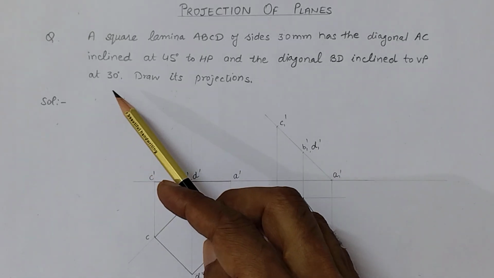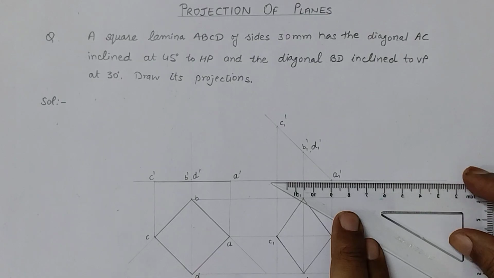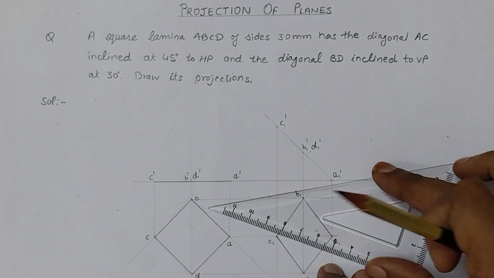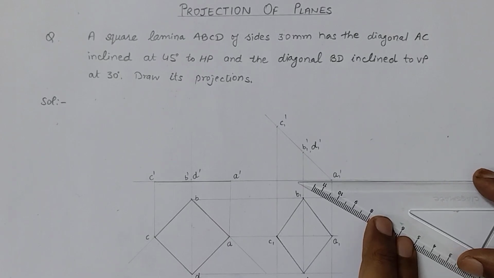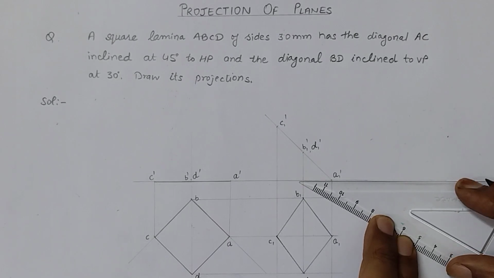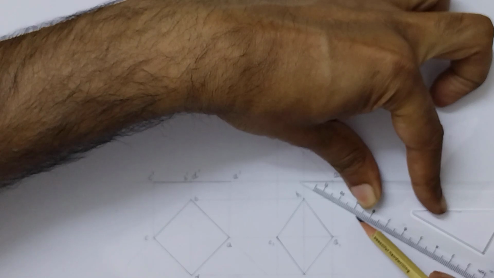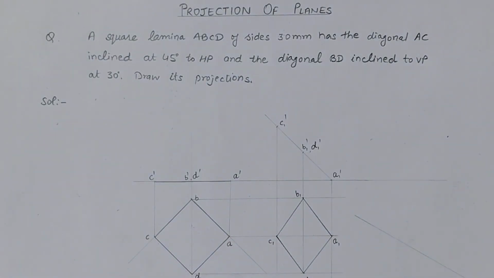So we have to draw a line at angle 30 degrees. So from here, this is the line at angle of 30 degrees with the VP.